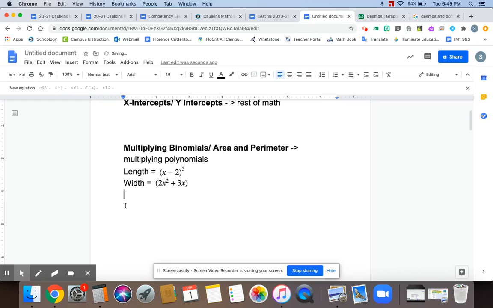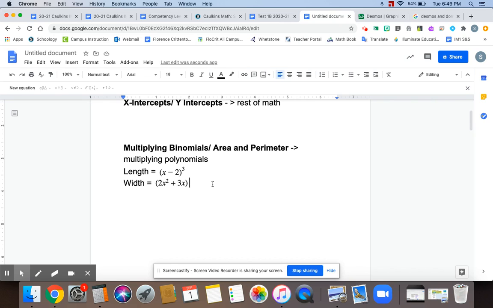So in order to make this easier, the first thing I'm going to focus on is the fact that my length has an exponent on it to the power of 3. It's going to be kind of hard to multiply this to this when this one is stuck in a way where it's simplified. Because you can't multiply this to this since this one's stuck in an exponent of 3 and this one's not.